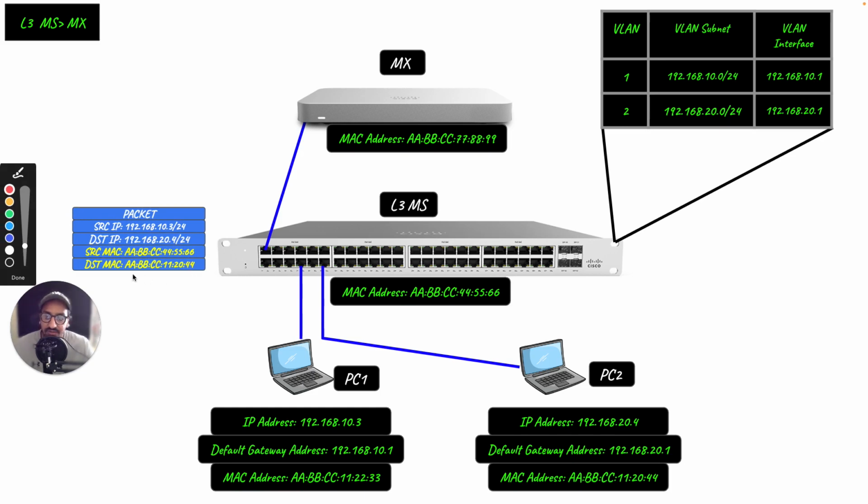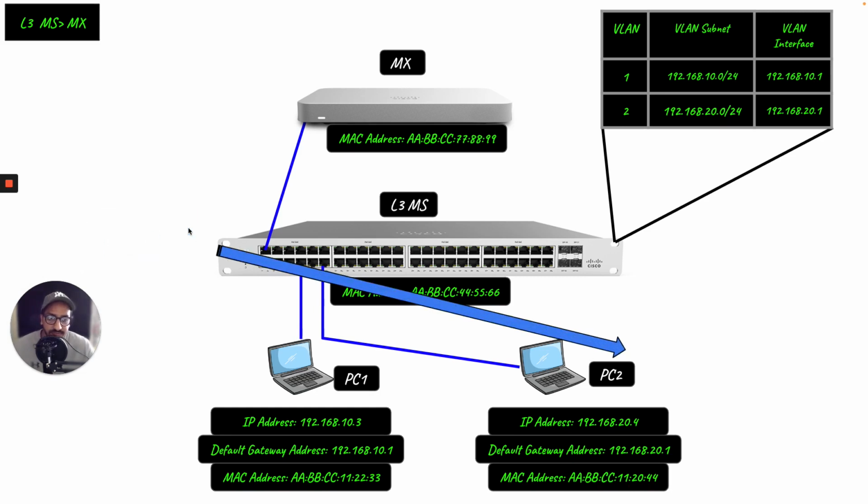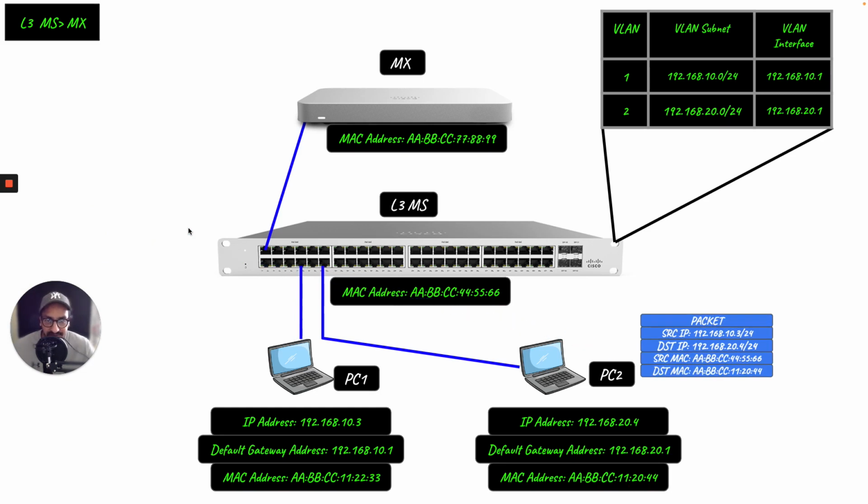So now the source MAC address is 5566, which is the layer 3 switch's MAC address, and the destination MAC address is PC2's MAC address. So now the layer 3 switch just processed that packet, and it's able to send that packet over to PC2. So that packet arrives at PC2.